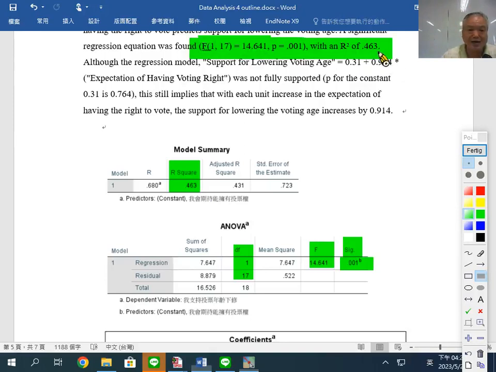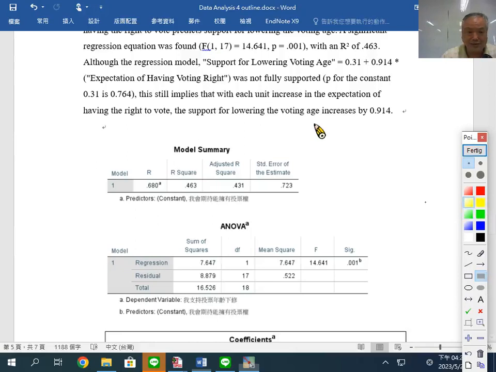With an R square of this. Although the regression model, we have a regression model again. So the regression model is here: Y equals constant plus coefficient times X, right? Was not fully supported.